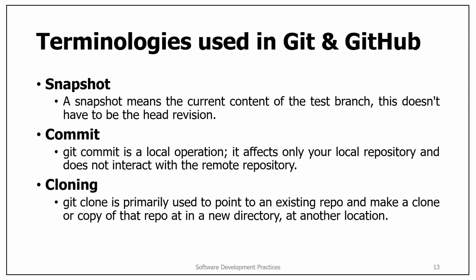The next command is commit. This only saves the file, or affects only the local repository. So the snapshot gets saved in the local repository through the command called commit.